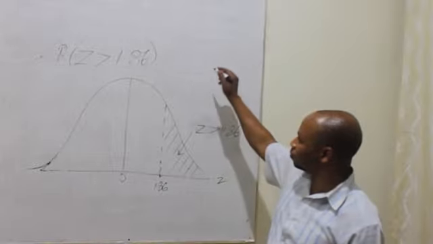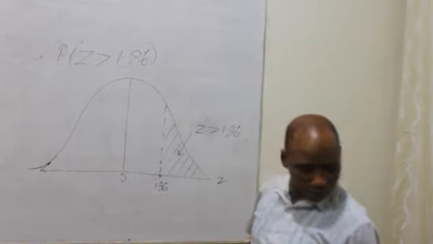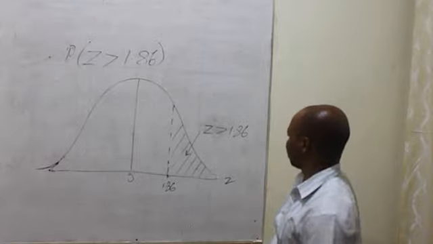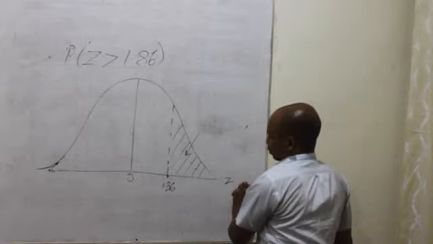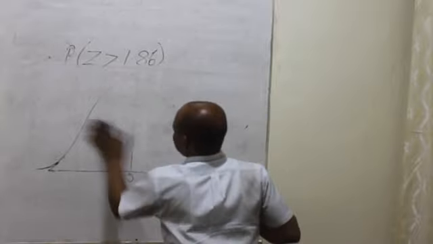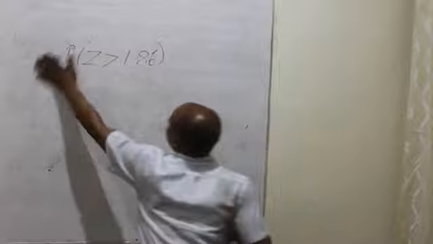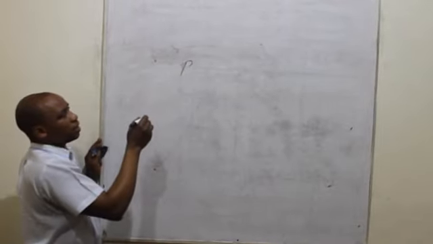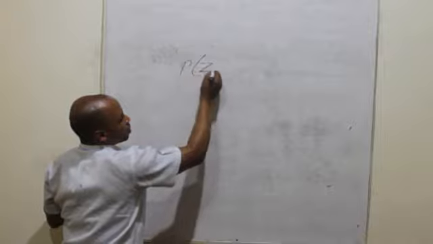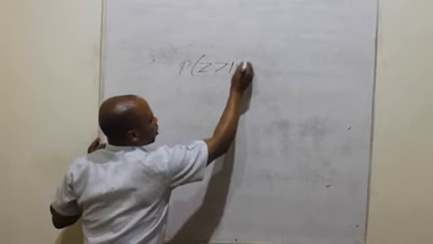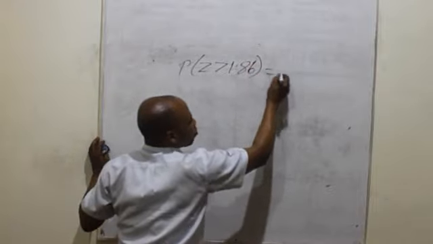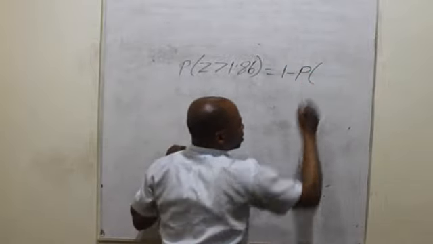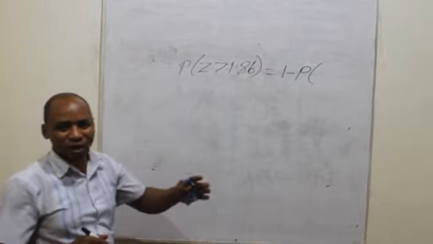And that will give us the probability of Z being greater than 1.86 equal to 1 minus the probability of the area that lies on the left side.